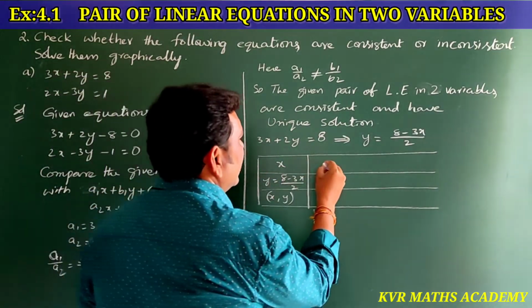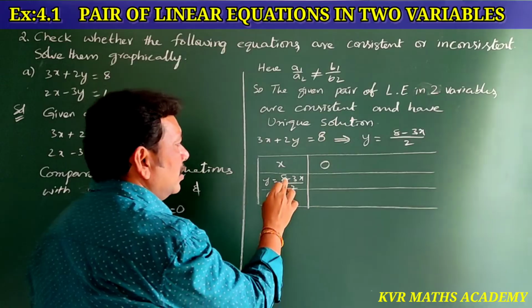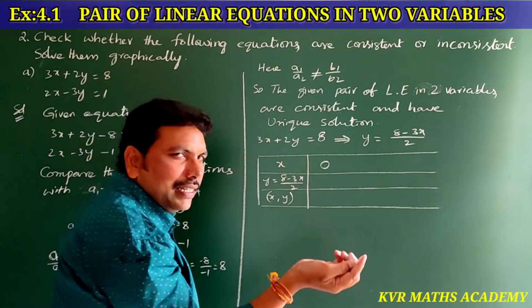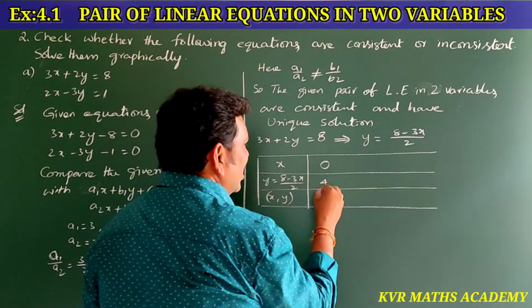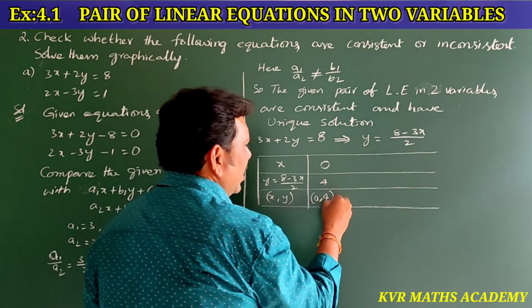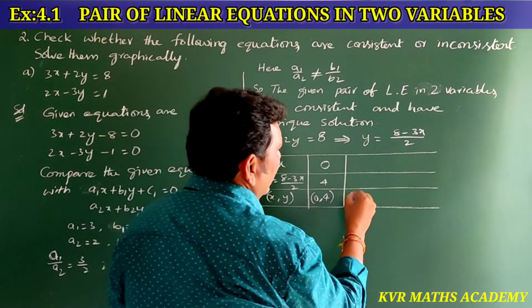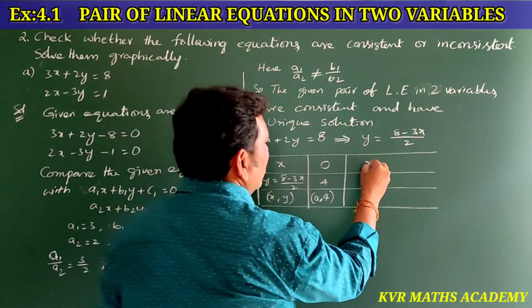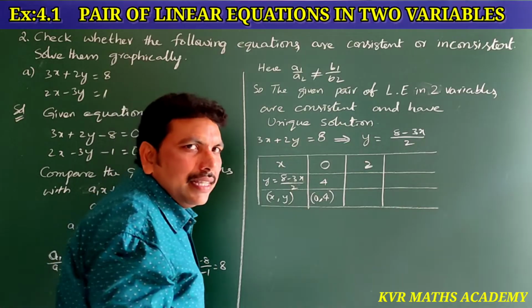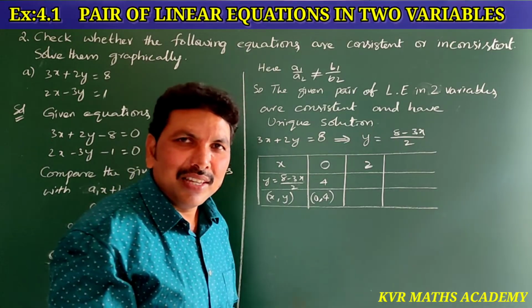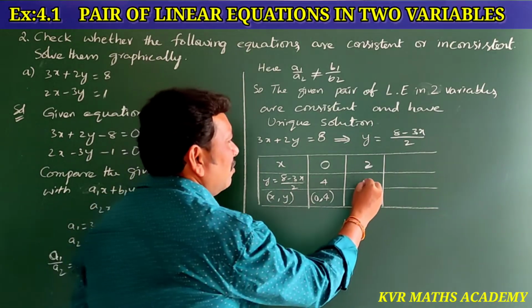So let us take x is equal to 0 here. So 8 minus 3 zeros are 0. 8 minus 0 is 8. 8 by 2 is 4. So first point is 0 comma 4. Next let us take 2. 3 2s are 6. 8 minus 6 is 2. 2 by 2, 1.